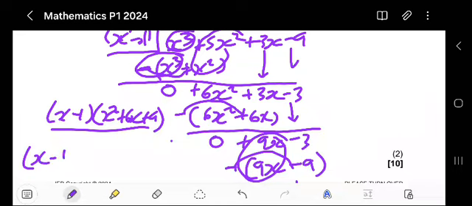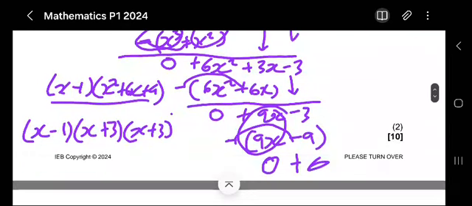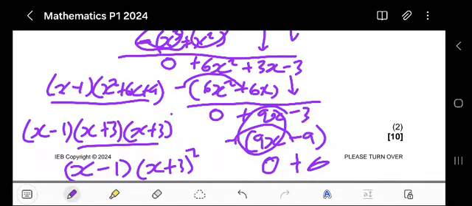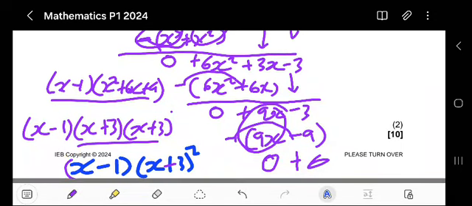x minus 1. If you factorize this, it's x plus 3 and x plus 3. Yeah, so because these are the same, you can write that as x minus 1 and x plus 3 squared, like this.